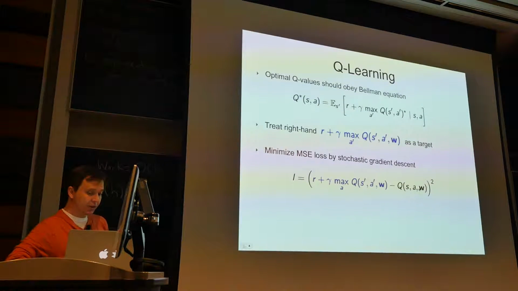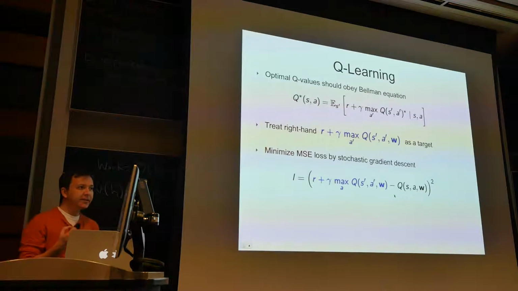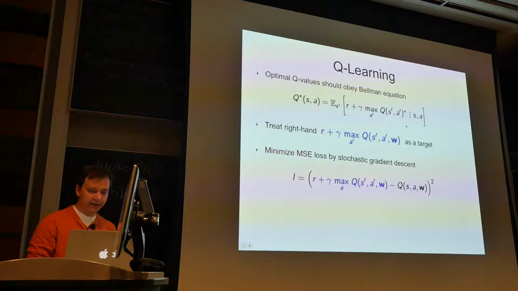Let's look at this expression. It is essentially saying that this is your target, and this is what it should be, because that's roughly an equality, right? And you're trying to minimize the L2 distance between the two.